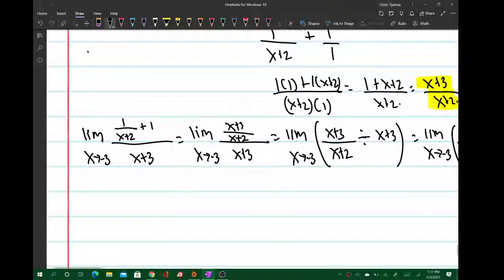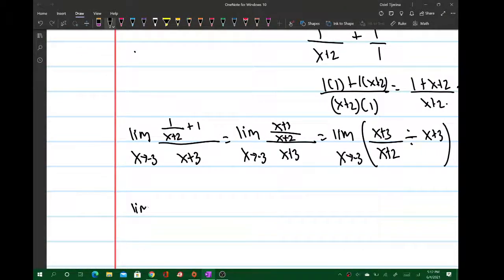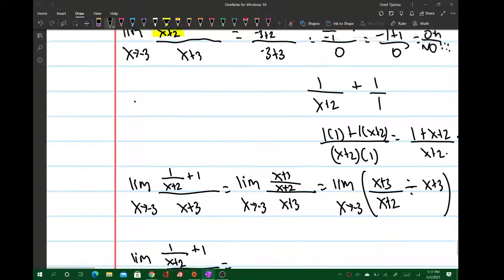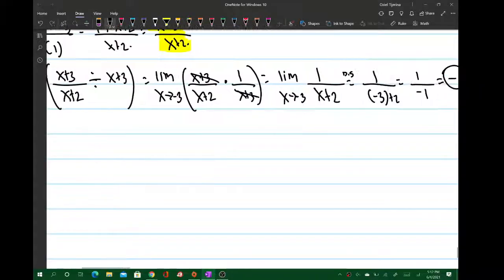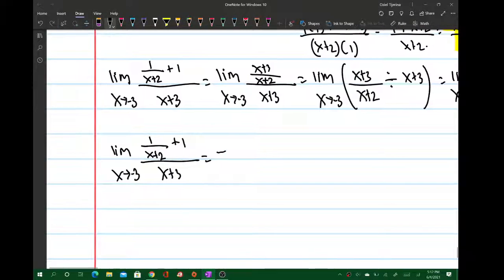So the limit as x approaches -3 of 1 over x plus 2 plus 1 over x plus 3 is equal to -1.